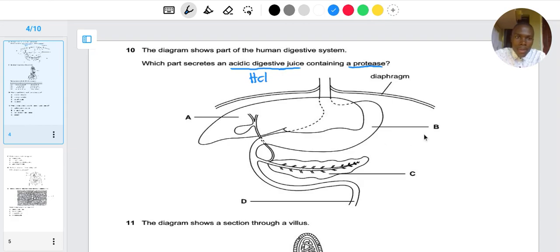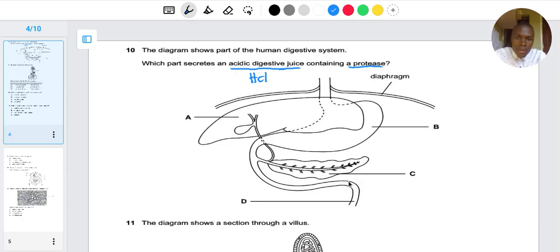The stomach also produces intrinsic factor, which is important for the absorption of vitamin B12 in the terminal ileum. We also have part A, which is the liver, involved in the different processes of metabolism. We also have the gallbladder, which stores bile.